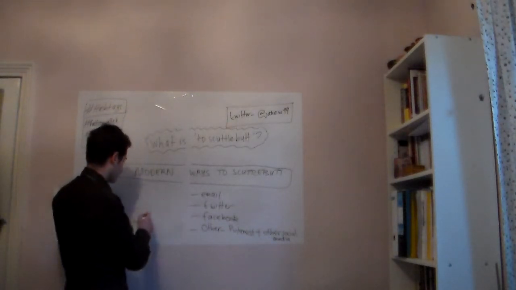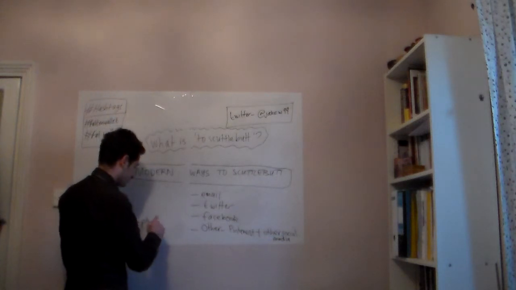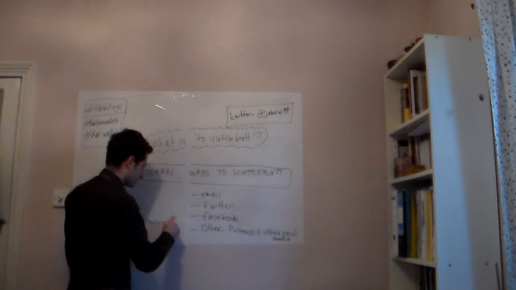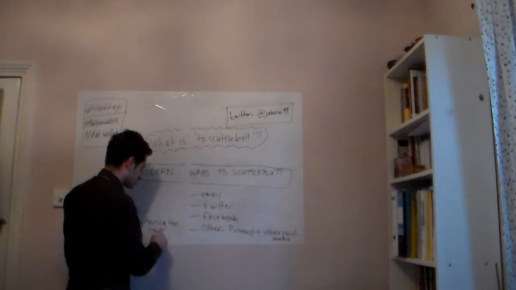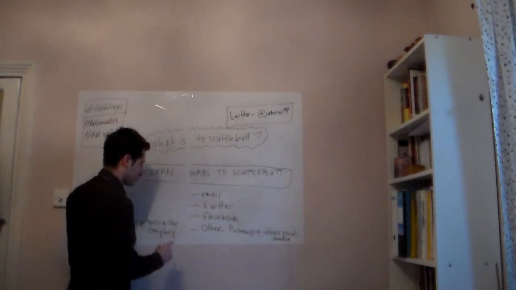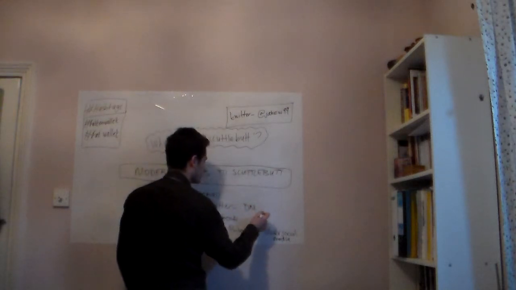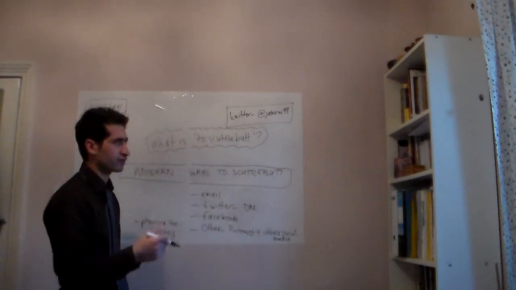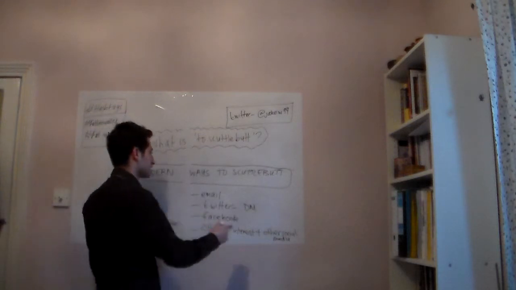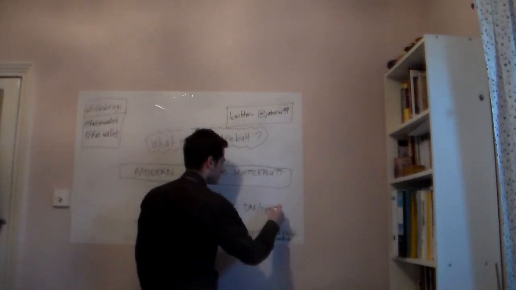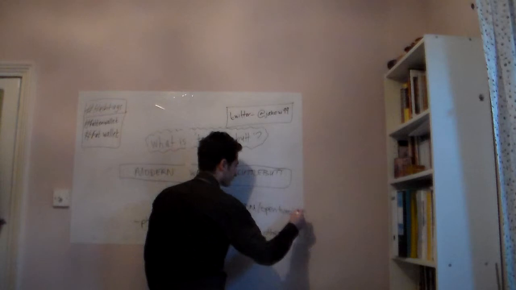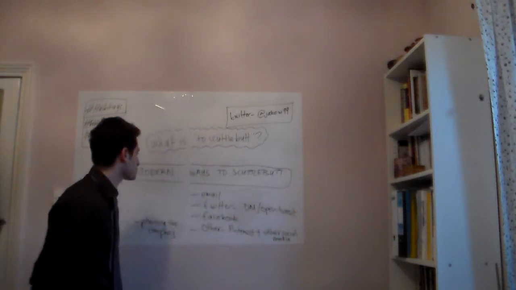That's not particularly modern, but phoning the company, you can find out some information about that. With Twitter, I'll just go back to that and say if you want to direct message, I think they have to follow you and you follow them. But if you tweet openly, then they'll probably respond to you.